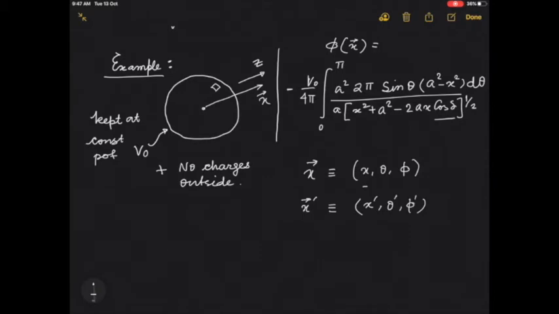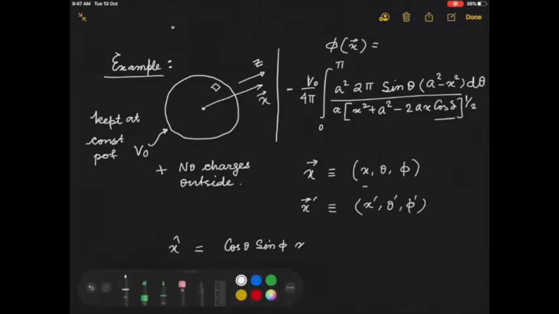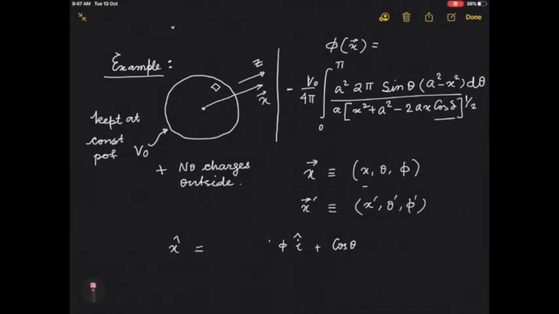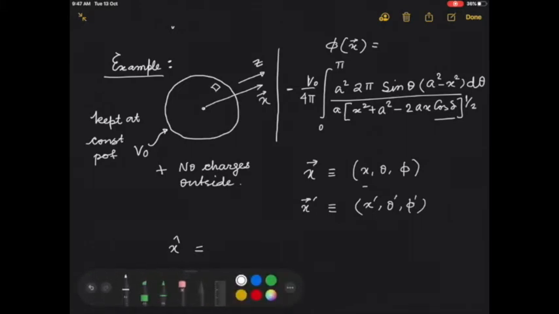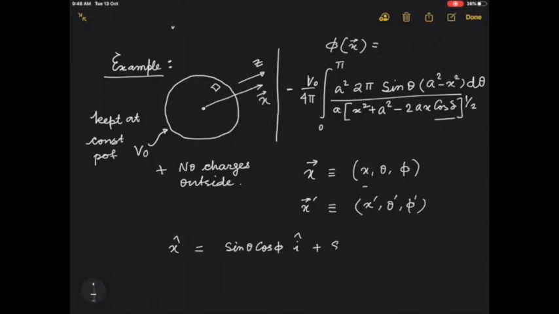Similarly, x' can be written as, so if I do that, we will agree that x cap is nothing but sine theta cos phi i cap plus sine theta sine phi j cap plus cos theta k cap, where i cap is one of the horizontal axes.